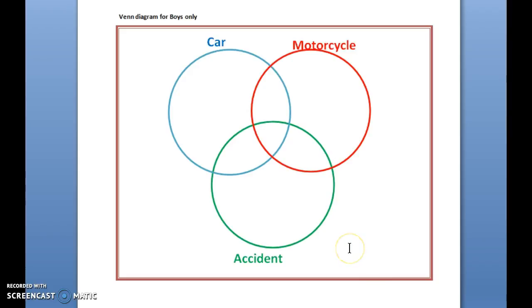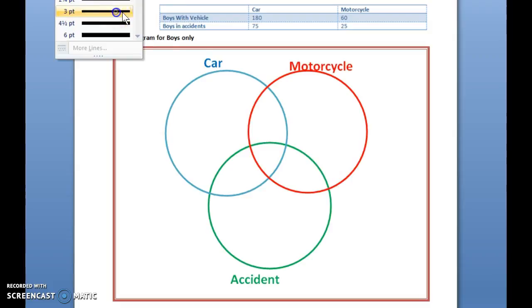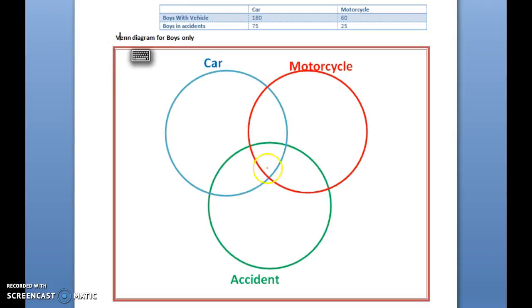So now we want to know how we fill out the numbers. So look at the table. Let's understand this Venn diagram first. I have a circle for cars, and there's a section that intersects with motorcycle.